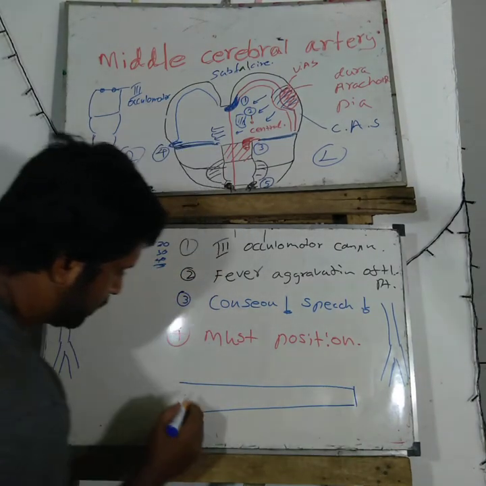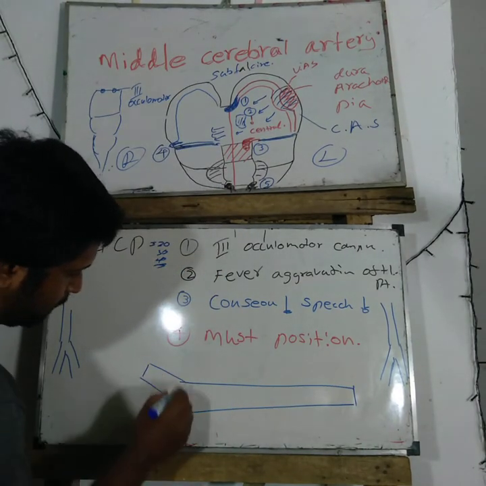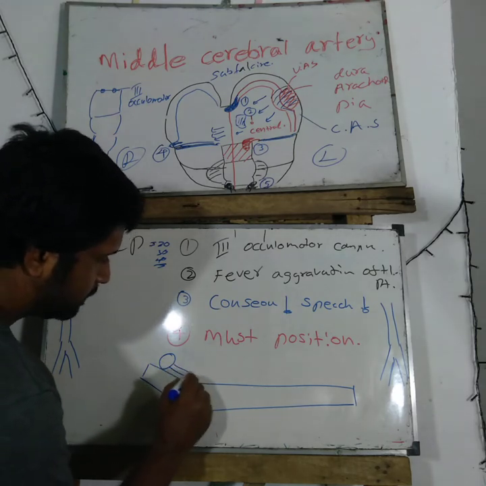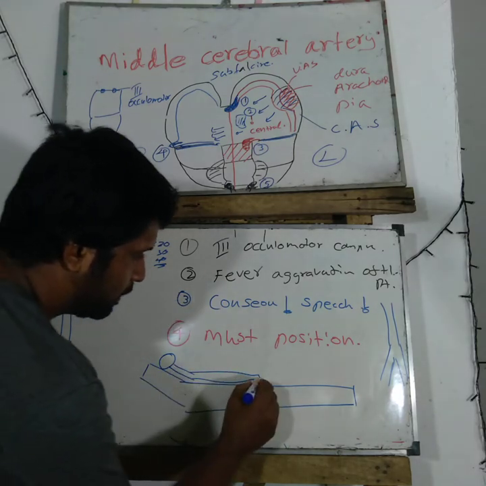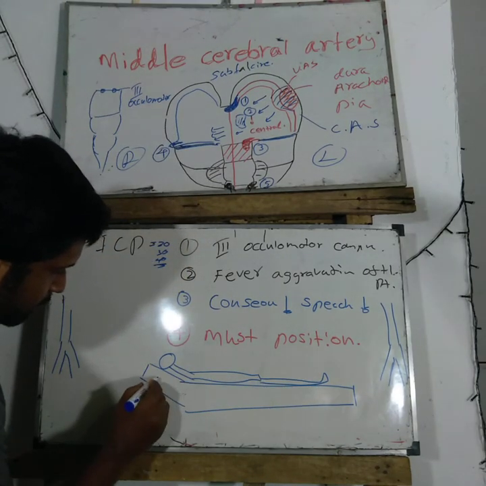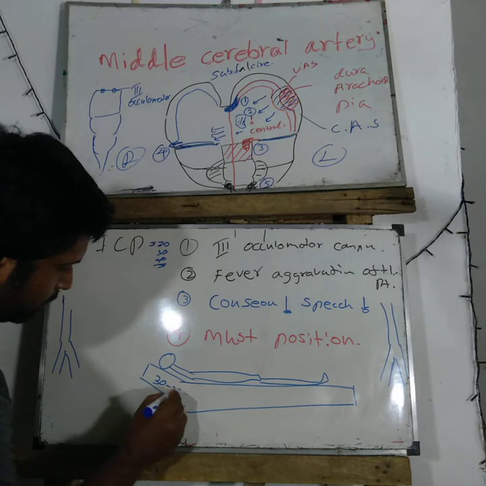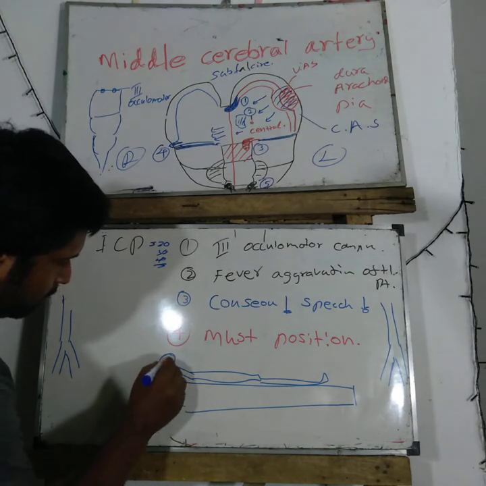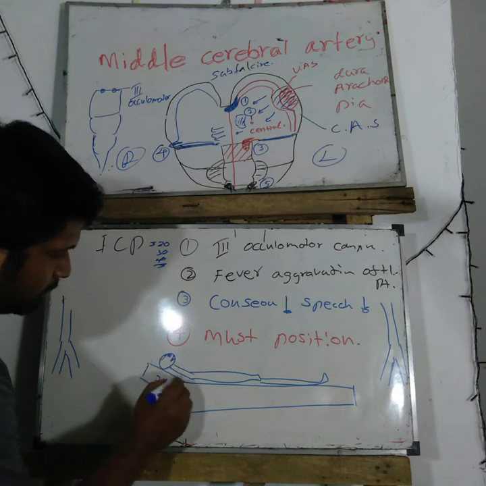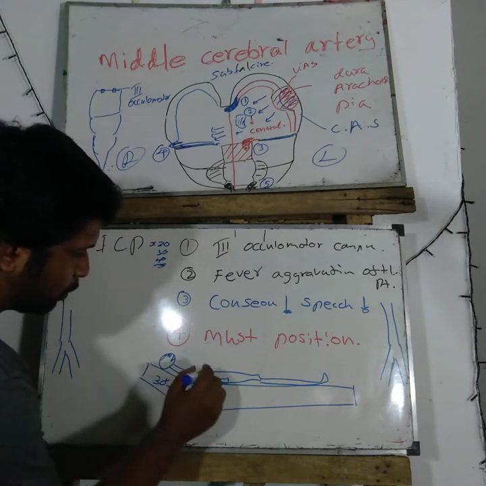This is the bed, and this is the head and neck, the body and legs. This is a head raise of 30-35 degrees. Likewise, head raise is the most important part of the patient position.